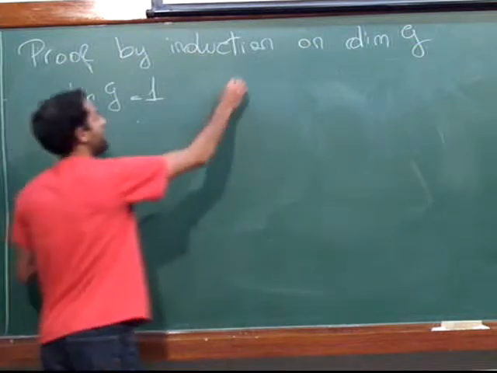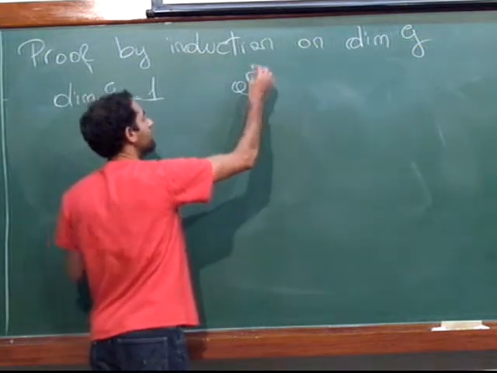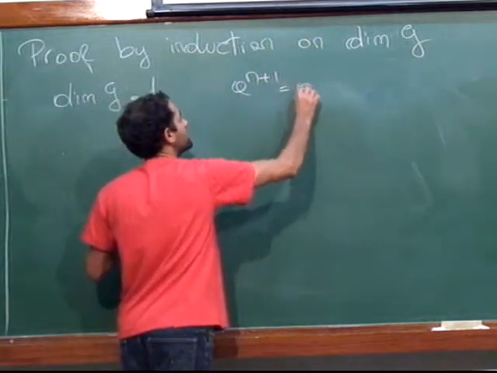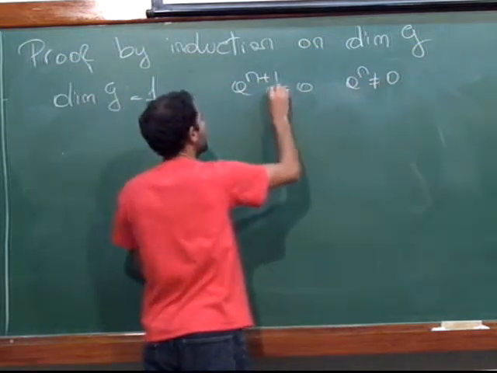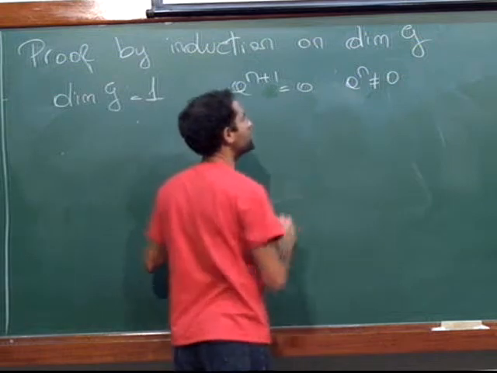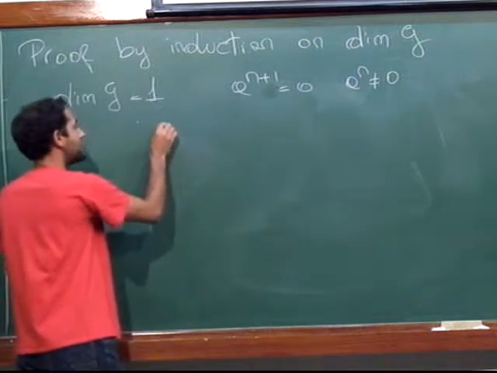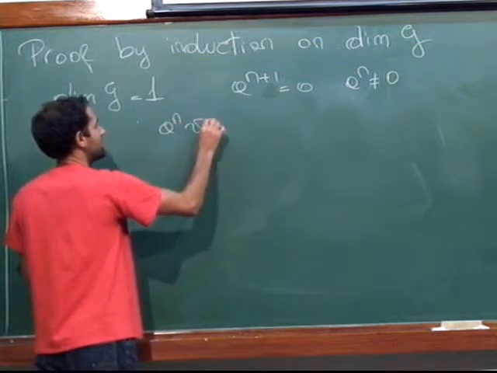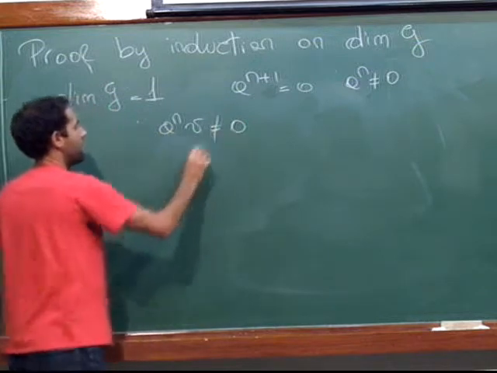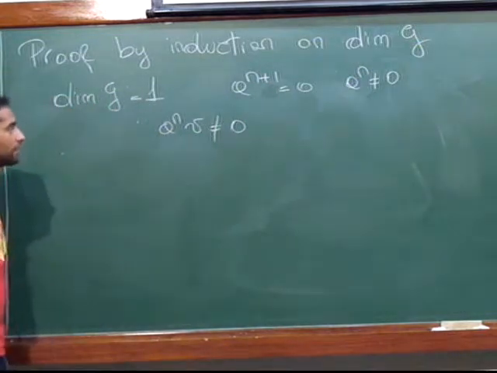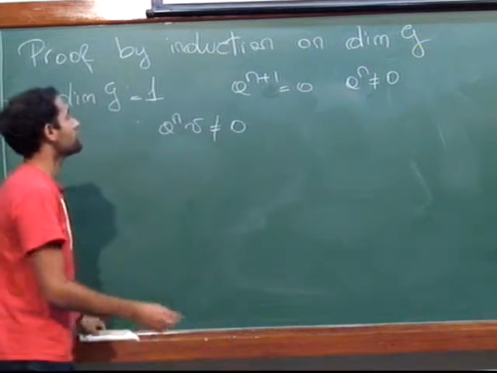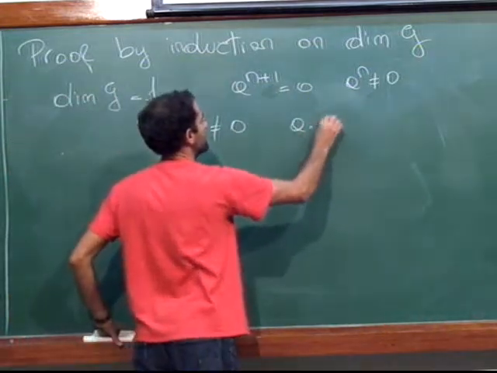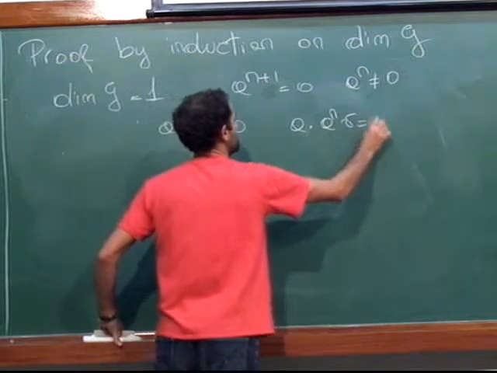Well, say A^(n+1) is equal to 0, but A^n is not 0 acting on V. That means that there exists a vector v such that A^n v is not 0, but A times A^n v is equal to 0.